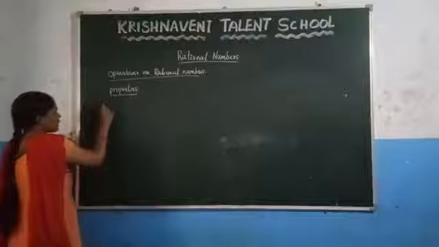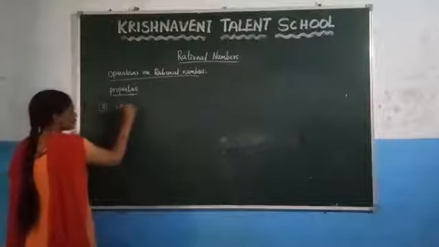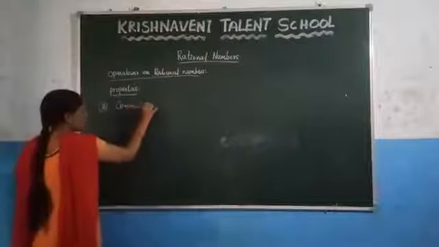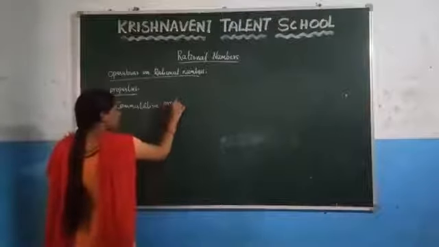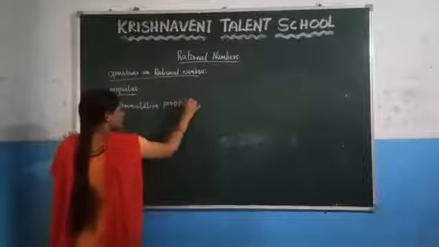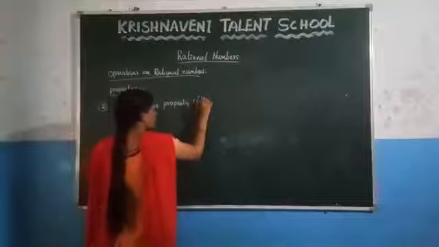The next property is the commutative property. The same way, we are going to discuss this commutative property under addition, subtraction, multiplication and division. So let us see first under addition.